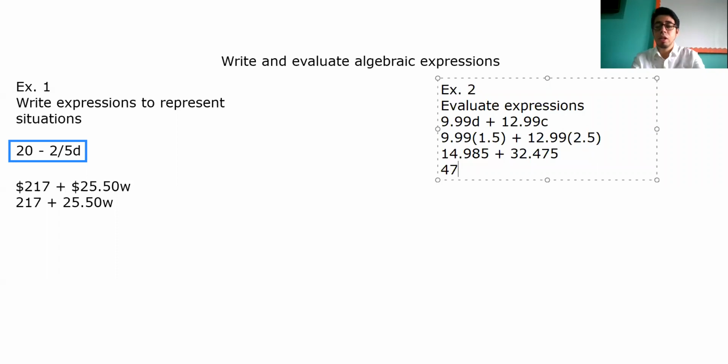He's going to pay $47.46. So it costs $47.46 to buy 1½ pounds of almonds and 2½ pounds of cashews.